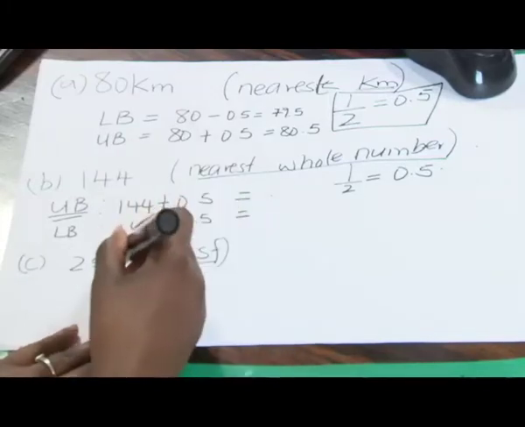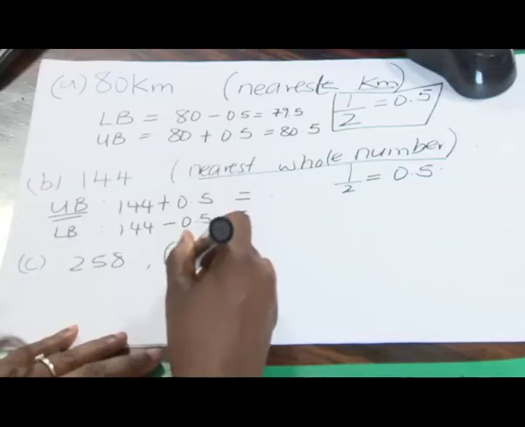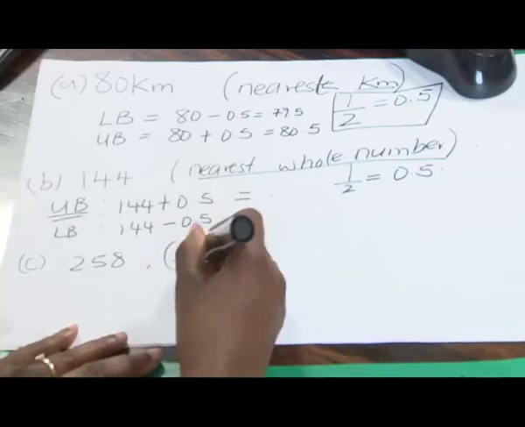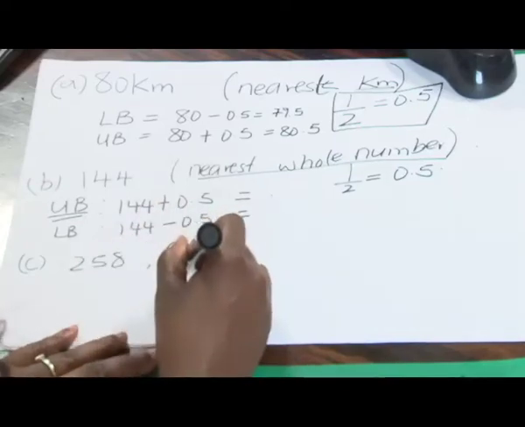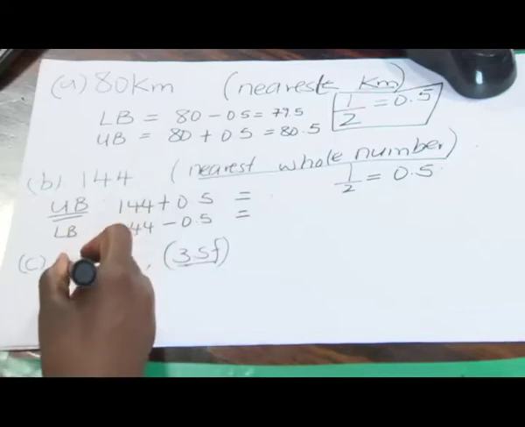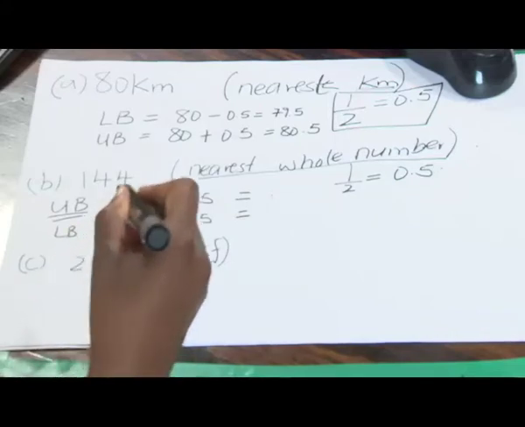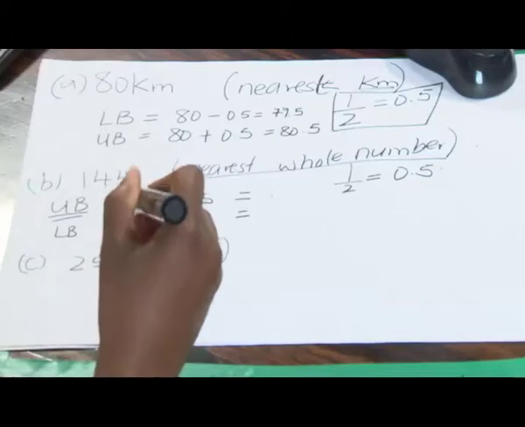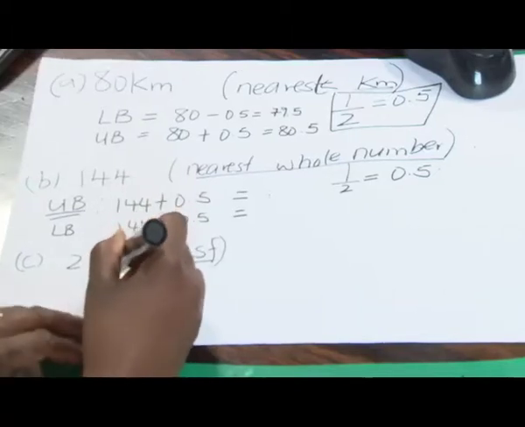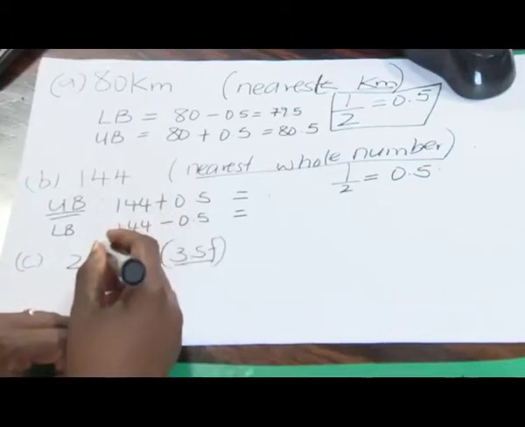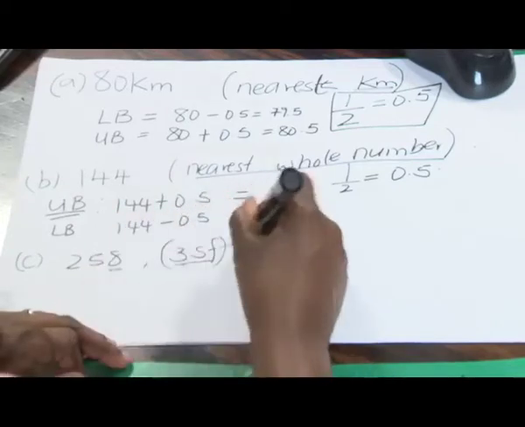I have to go back to my number. This is 258. Then identify the third significant figure. Which one is your third significant figure here? So from the number here, 2 is my first significant, 5 is my second significant, 8 is the third significant. Now, what is the placeholder?